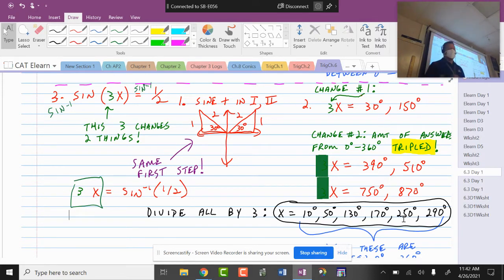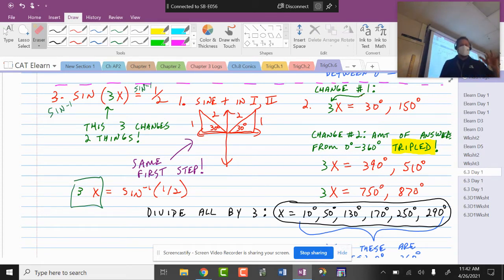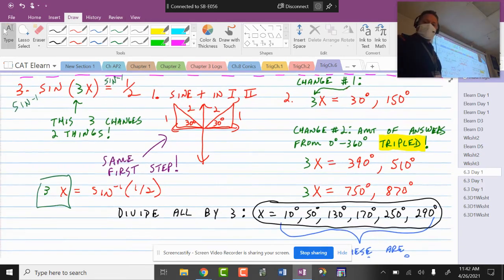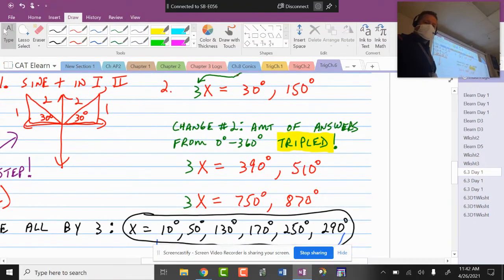Because with radians, the only problem is understanding how to deal with the fraction. Oh, that's what 3x equals as well. So going all the way to the end, 290 is 870 divided by 3. And 870 is adding 360 to 150 a couple more times. So really, that's what we need to concentrate on.